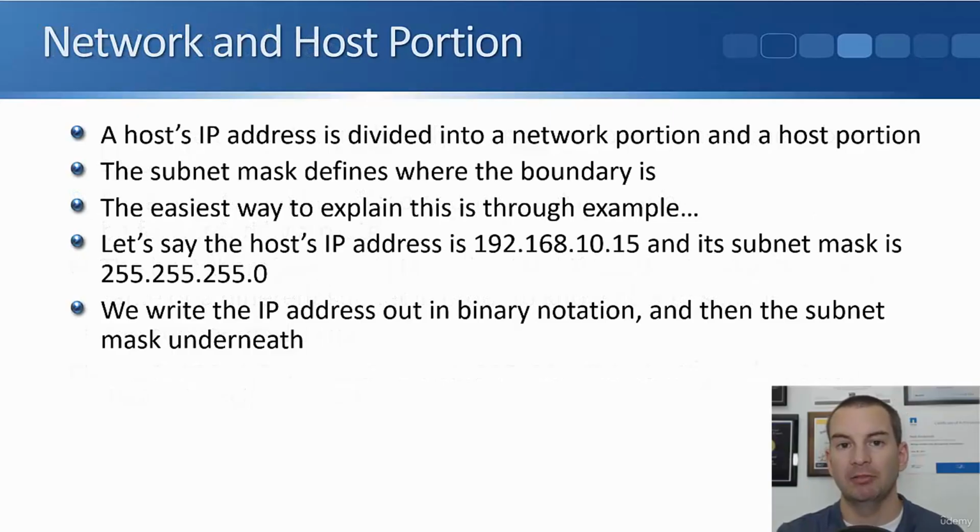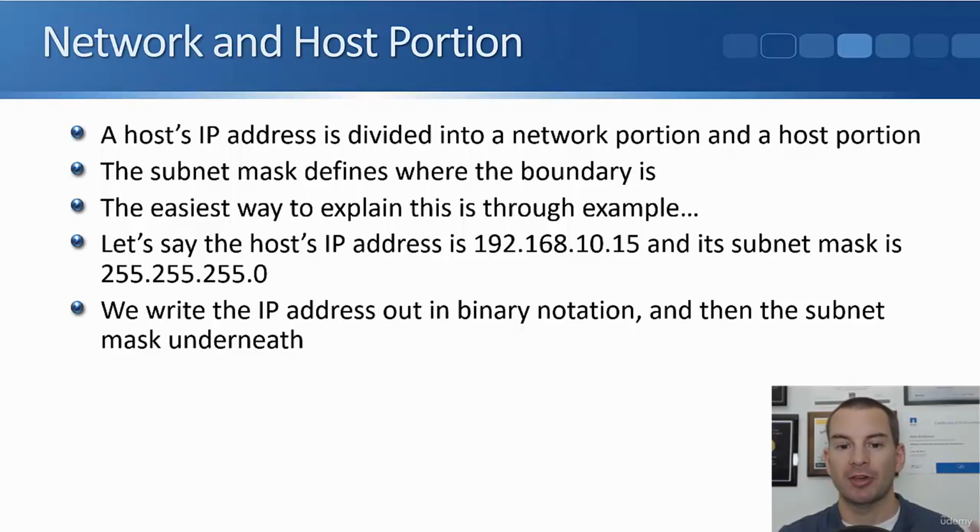A host's IP address is divided into a network portion and a host portion. And it's the subnet mask that defines where the boundary is between the network part and the host part of the address. The easiest way to explain how this works is by giving you an example.